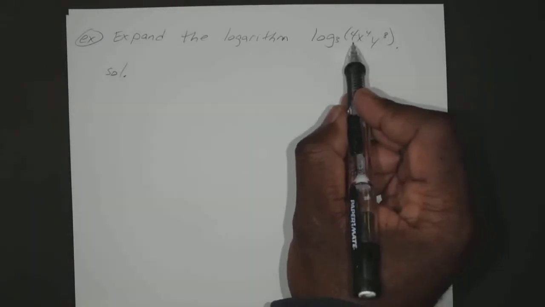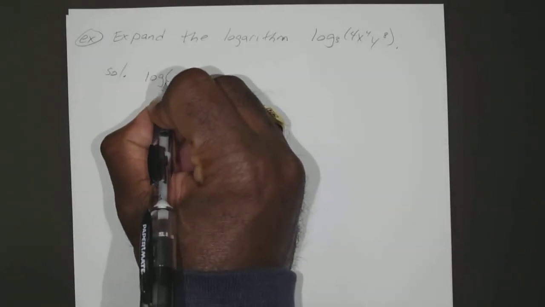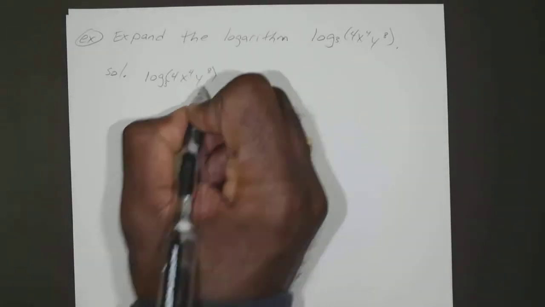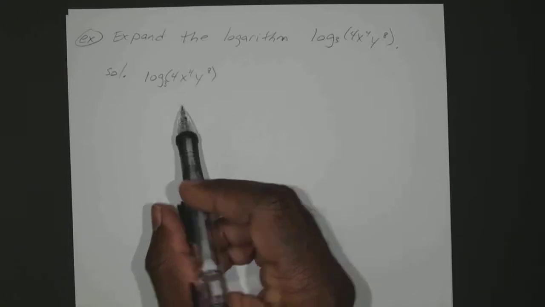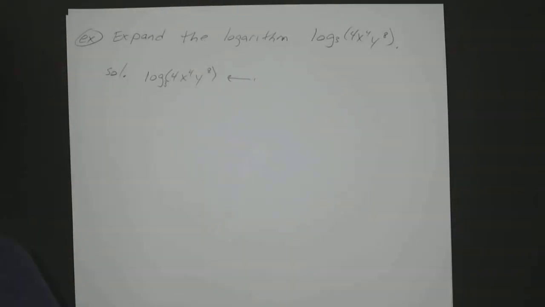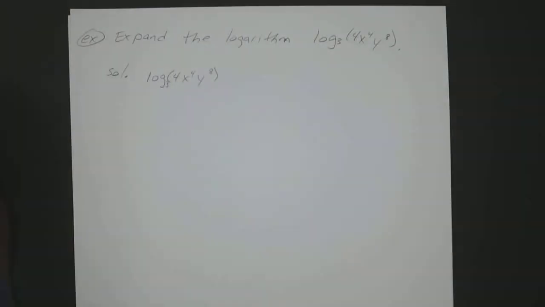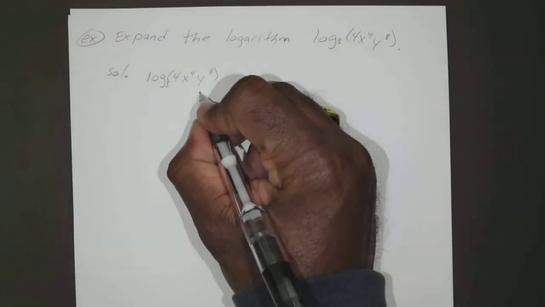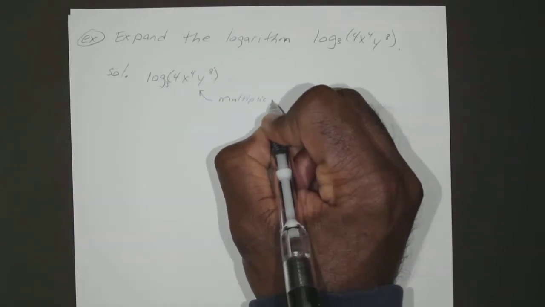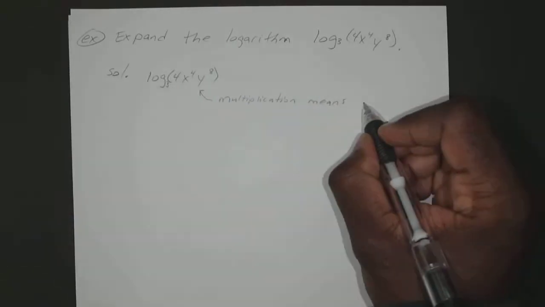Okay, so here, since you have multiplication, log base 3 of 4 times x to the 4th y to the 8th, as soon as you see multiplication, and let me put the arrow pointing inside. So multiplication means the product rule.